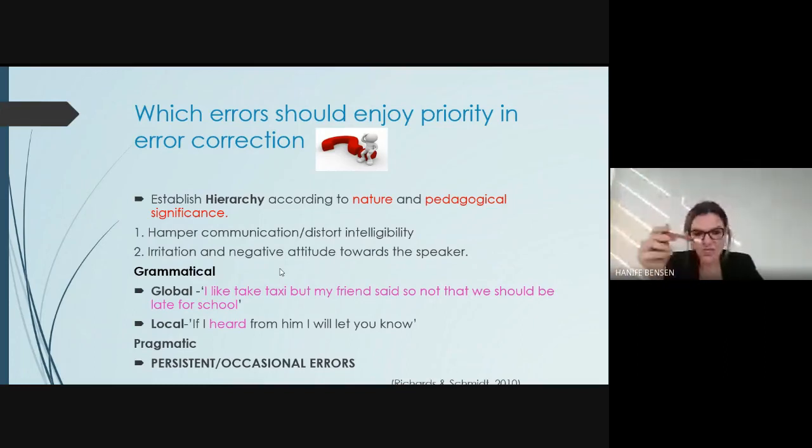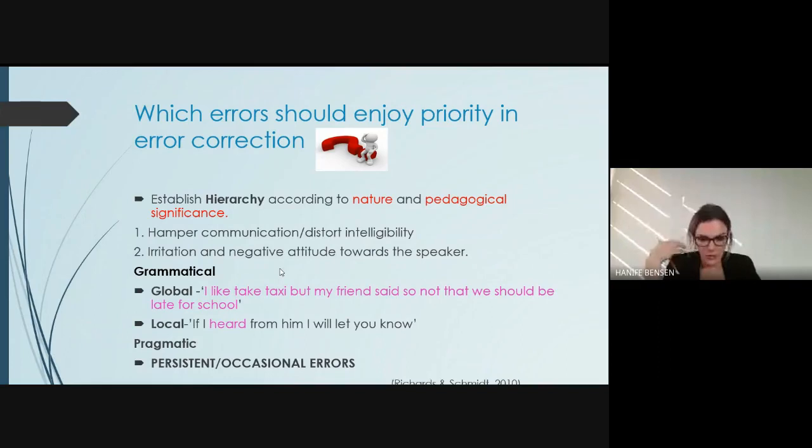So in such a hierarchy, priority should be given to errors which may hamper communication and distort intelligibility, such as errors in the wrong pronunciation of minimal pairs. For example, if they make an error with sheep and ship, or vice versa, you need to correct them straight away. Next in the hierarchy should be errors which cause listeners, whether native or non-native speakers of English, irritation and a negative attitude towards the speaker.